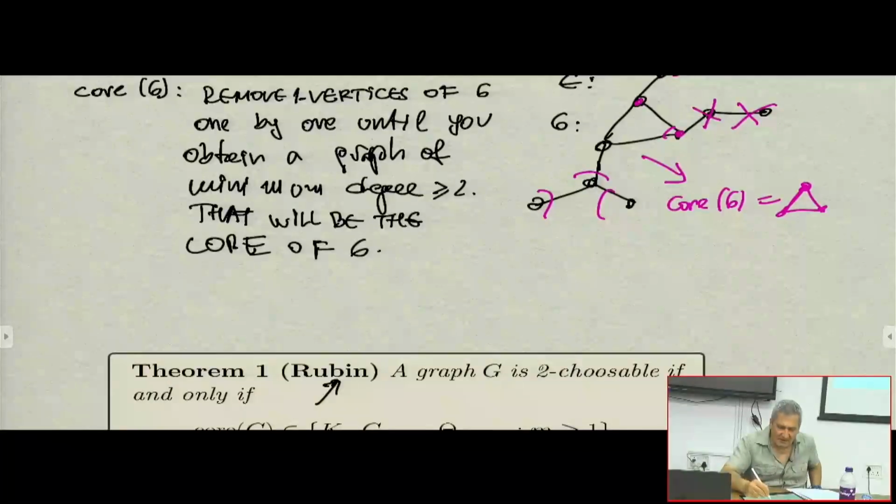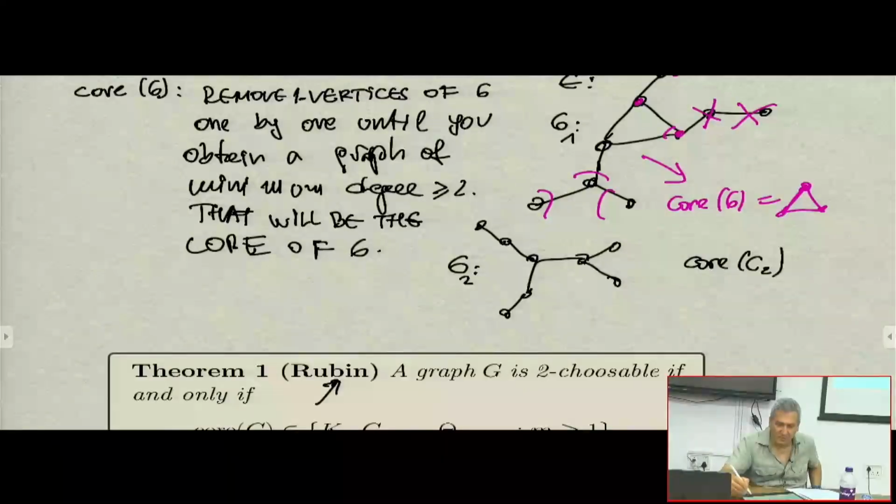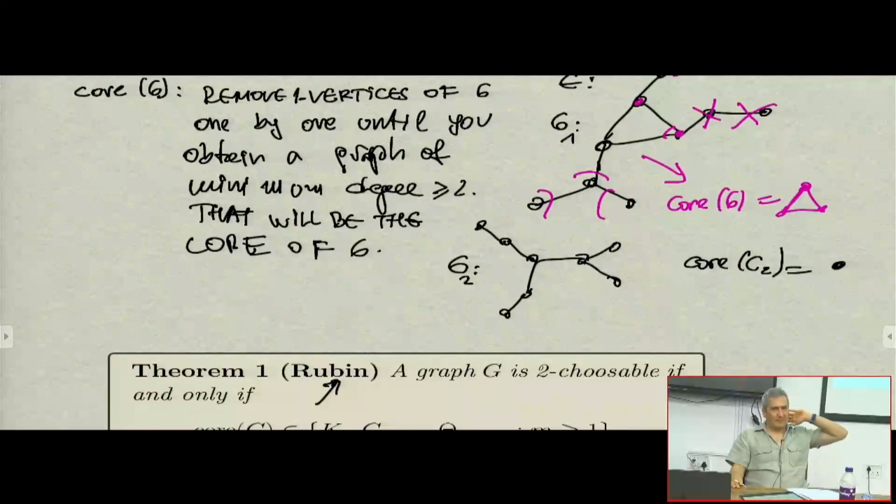And what if we have a graph like this? What is the core of this graph? This is G1. We get just a vertex. Whenever we have a vertex of degree 1, we remove it, and remove it.